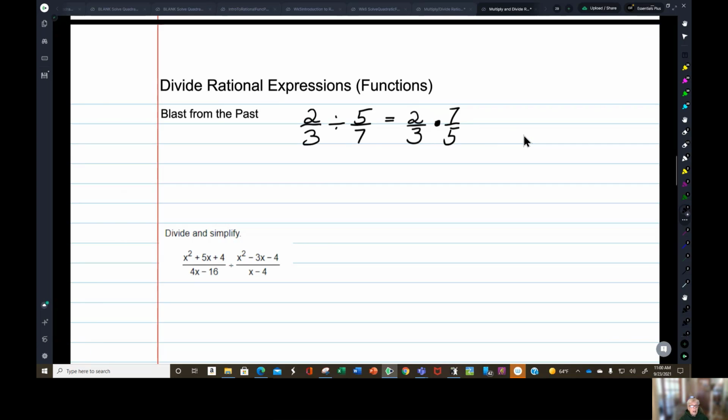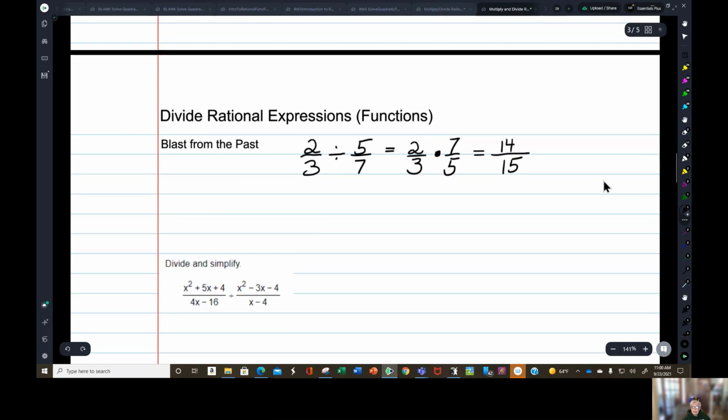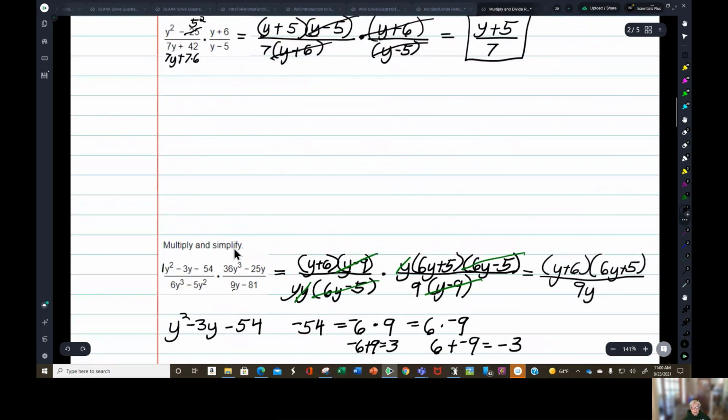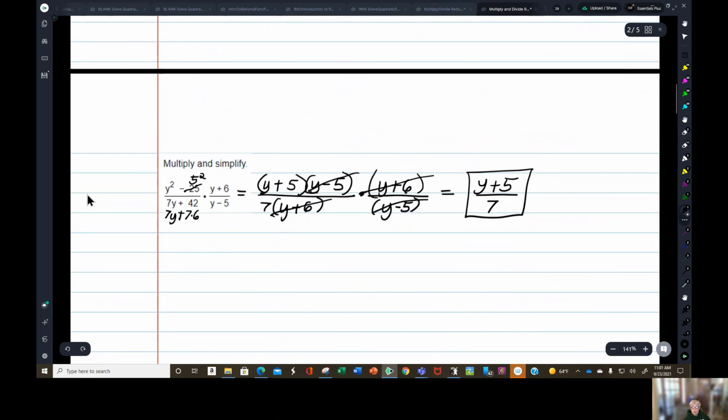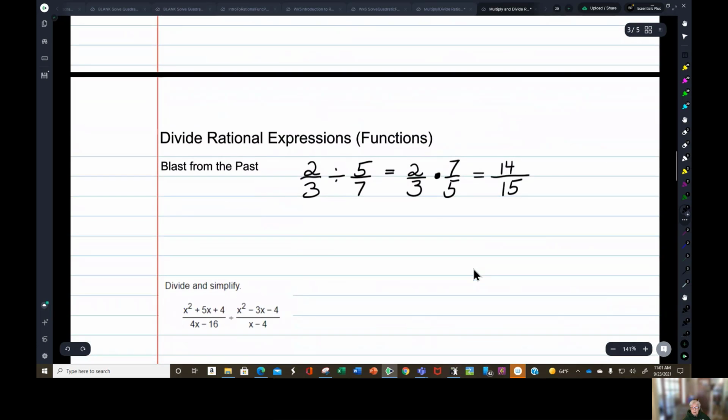That's all there is to it. Then you multiply. 2 times 7 is 14, 3 times 5 is 15. Since you would have mastered multiplication first, with division you're able to turn it into a multiplication problem.